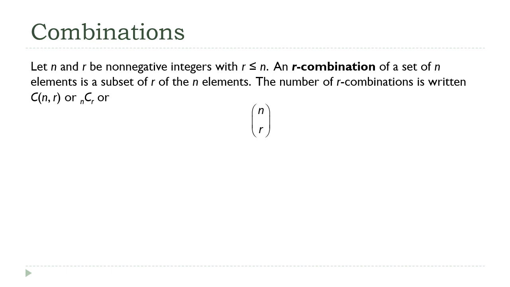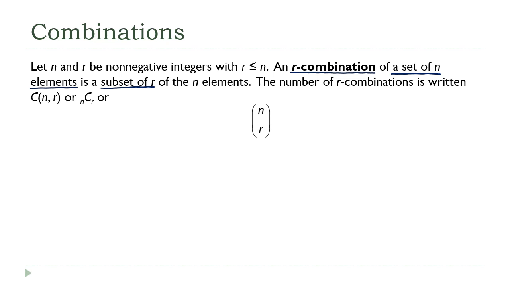So what we're starting off with here is these two numbers, n and r. n is the size of the original set. So we're starting with a set of n elements, and an r-combination is a subset of that set that has r elements.